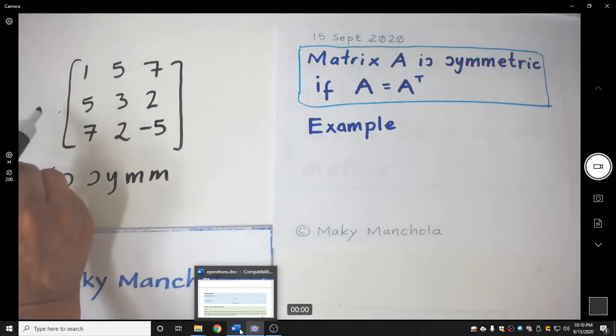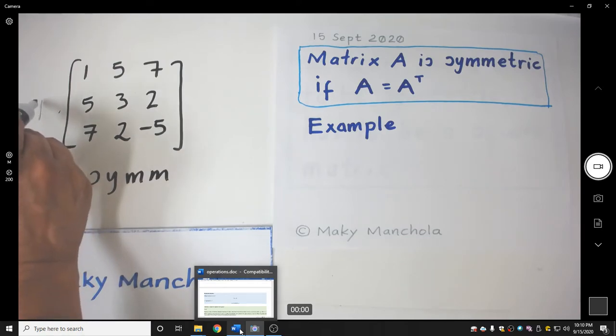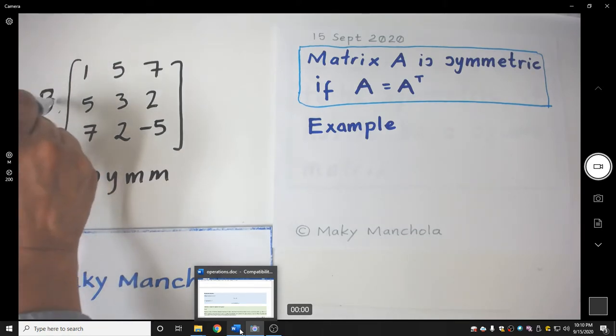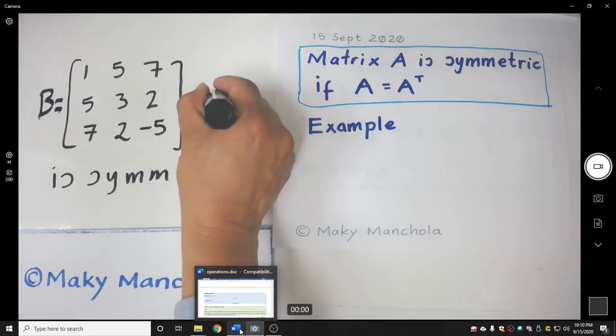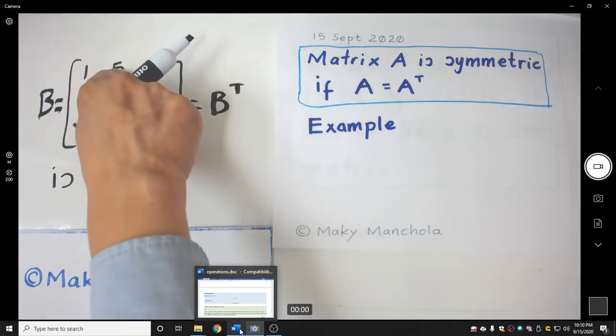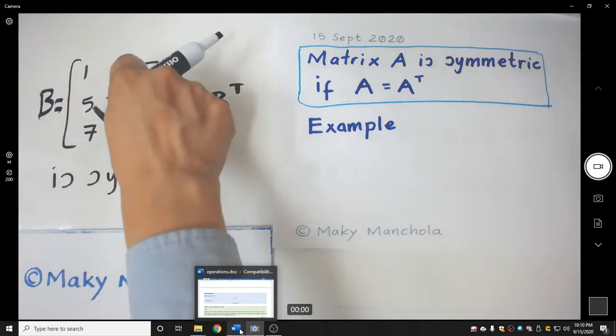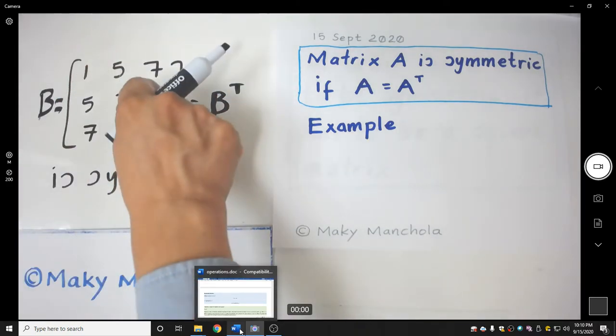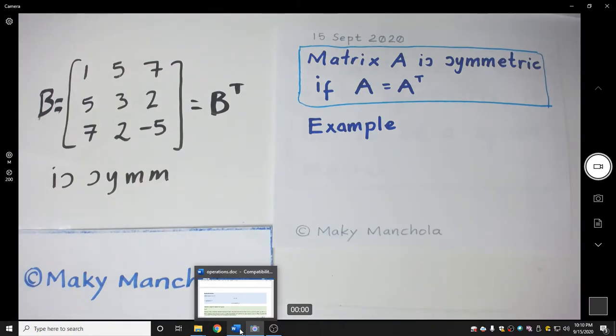If we call this matrix B, its transpose is equal to B, because you're switching 5 and 5, you're switching 7 and 7, and you're switching 2 and 2 when you find the transpose, and that's just identical to the original matrix.